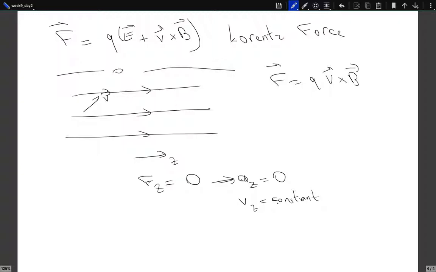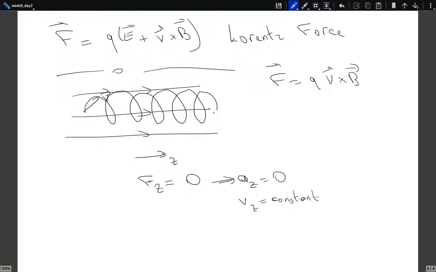So essentially this object will do a circular motion in the xy plane, but at the same time it will move forward in the z direction. That's what we call a helix. So this object will basically move along such a trajectory.